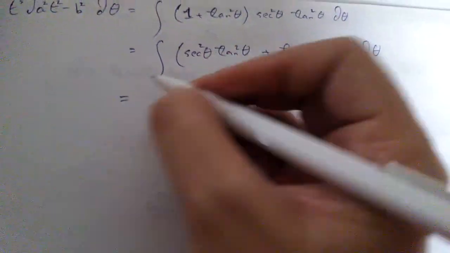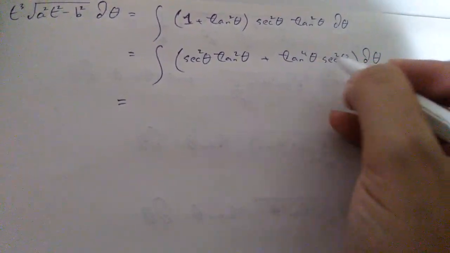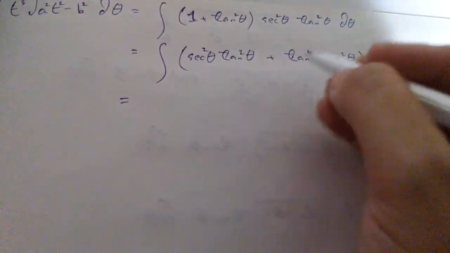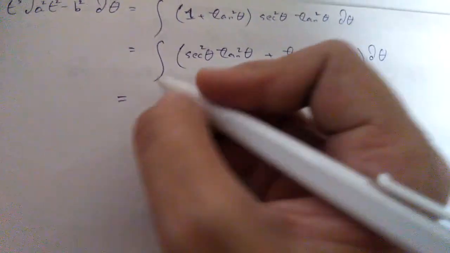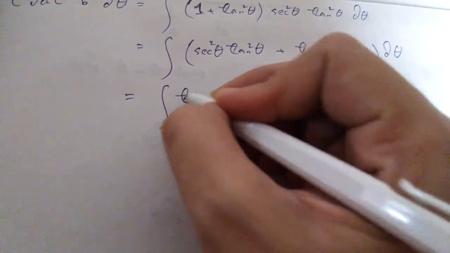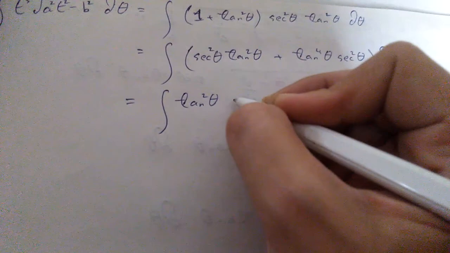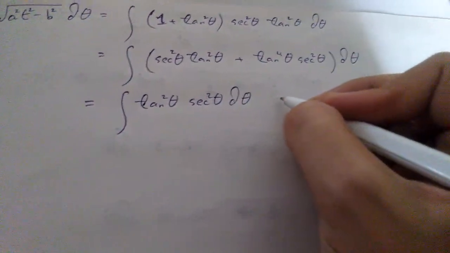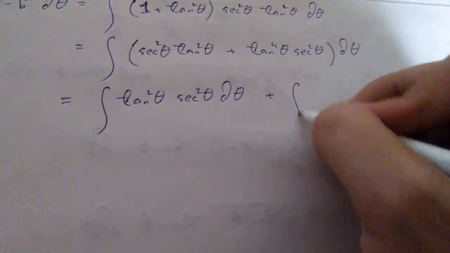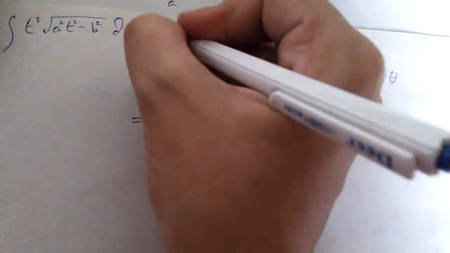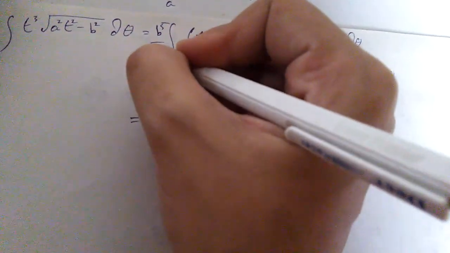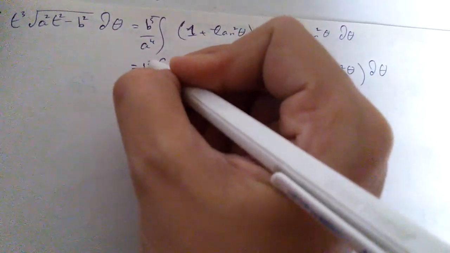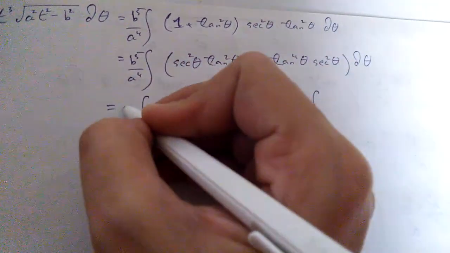Let us integrate these two functions, which are the part of the integrand, separately. Okay, plus integral, and I just forgot to write my b power 5 upon a power 4. I'm sorry for that.